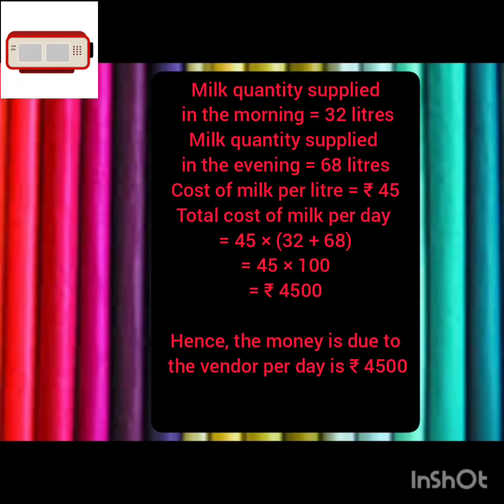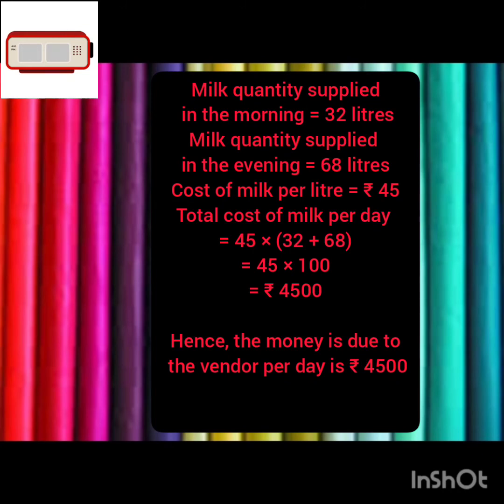Now let's see the solution. Milk quantity supplied in the morning equal to 32 liters. Milk quantity supplied in the evening, that is 68 liters. Now cost of milk per liter rupees 45. These things we are given in the question.